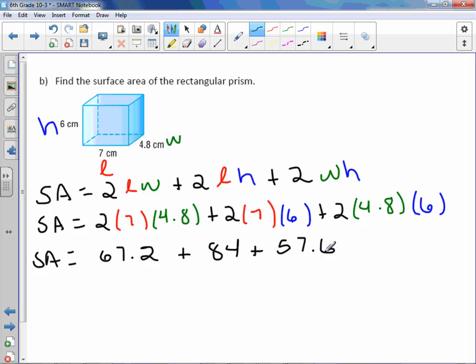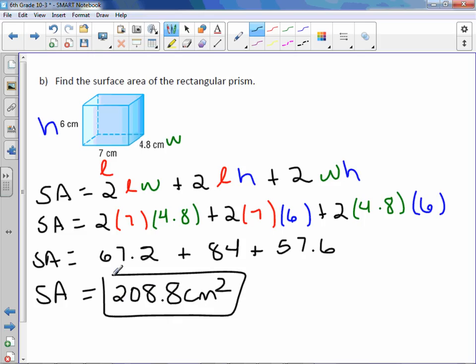Add those amounts together, and you get a surface area of 208.8 centimeters squared.